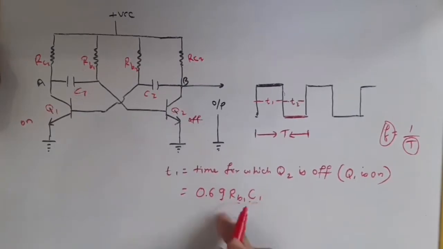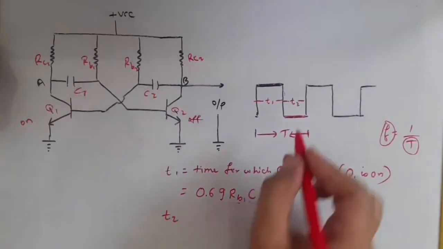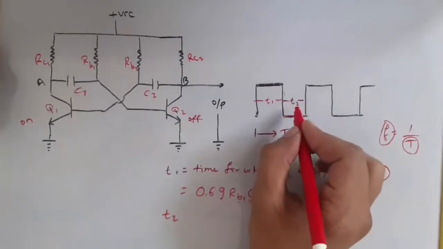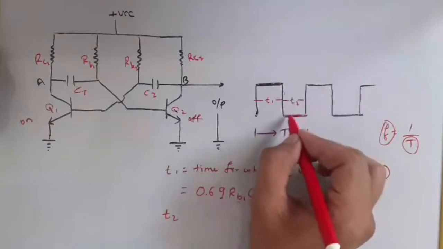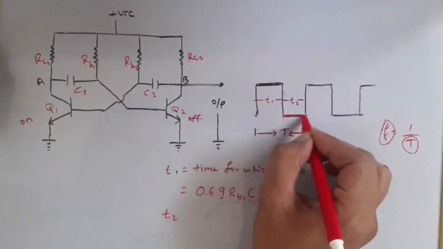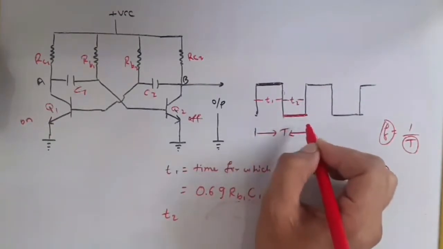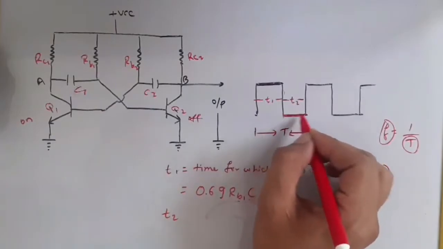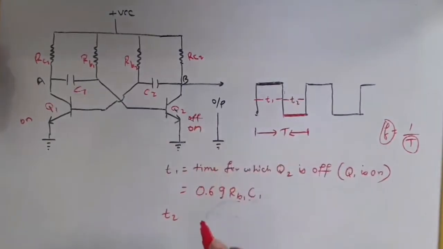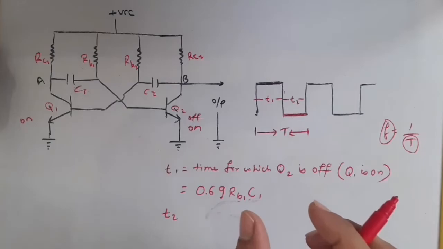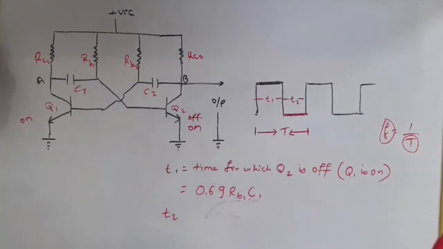Okay, now similarly this t2, what is this t2? This is the time for which the output will remain at the lower state, that is zero state. When Q2 is on, for that duration of time your output will be low.